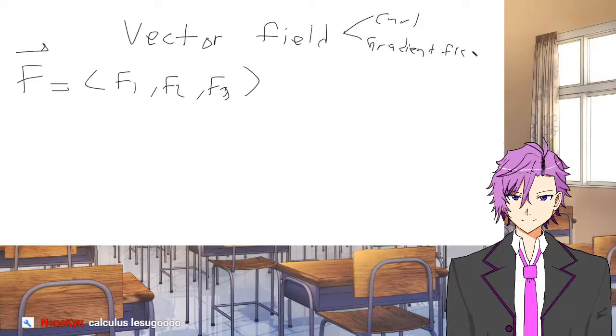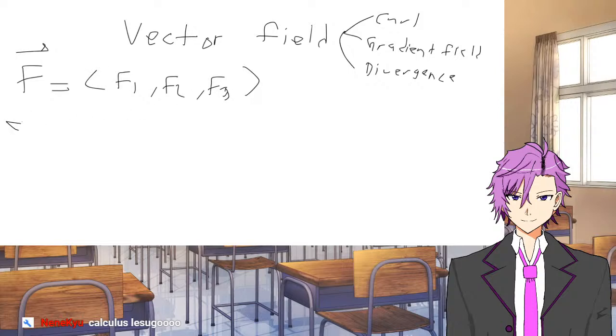We'll touch on gradient field first before curl, and then we also have the divergence. My goodness, it's so hard to write in this sketchpad right now. Alright, so we'll start with gradient field.